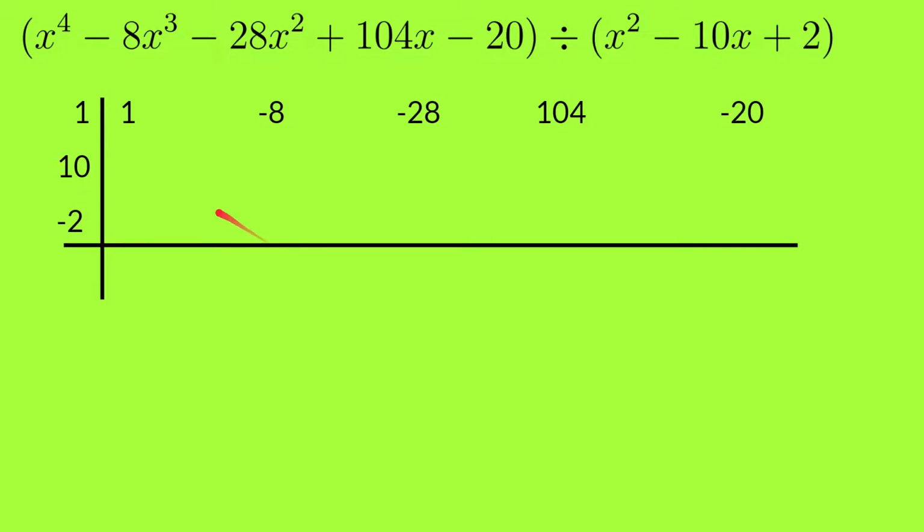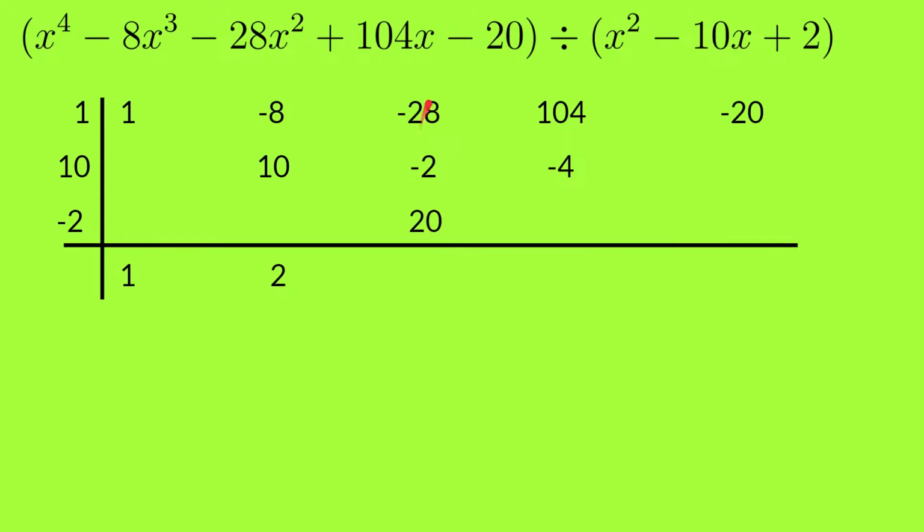That's it. Now 1 divided by 1 is 1, write it here. 1 into 10, 1 into minus 2, 10 will come here, minus 2 here, like that. Then add the next column, minus 8 plus 10 is 2. Multiply 2 into 10, 20, write it in the next column, and multiply 2 into minus 2, write it in the next to next column here.